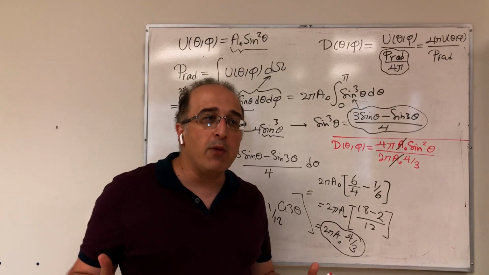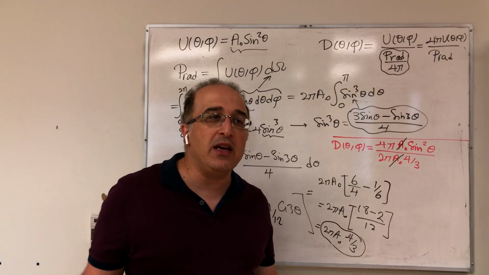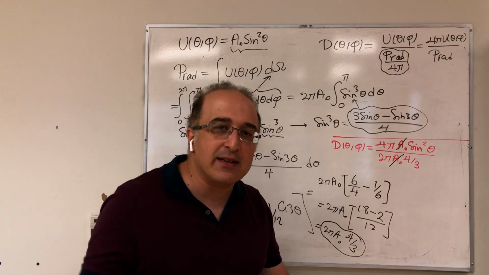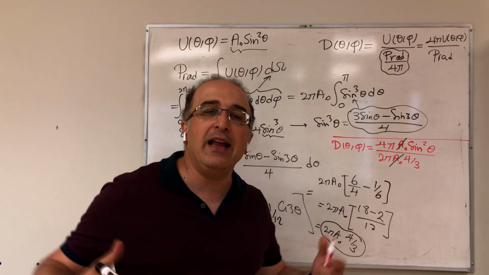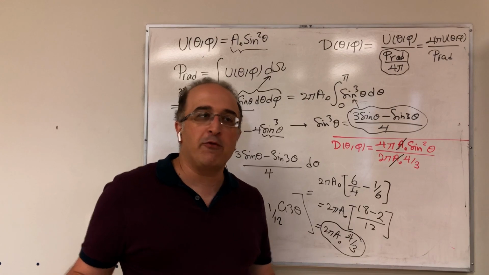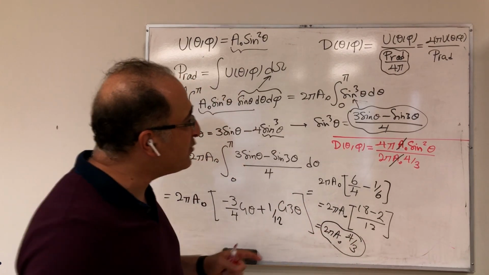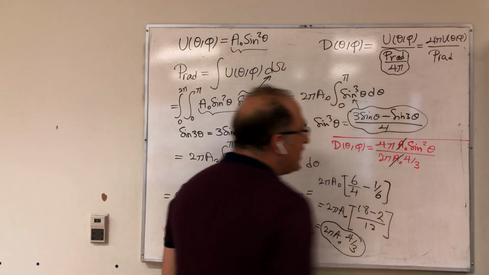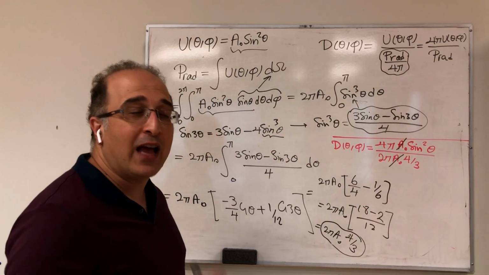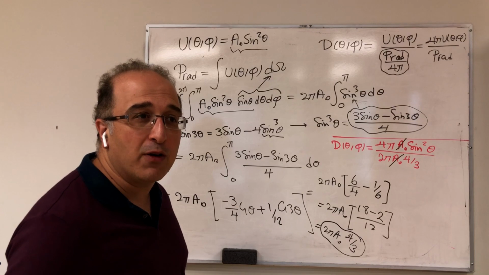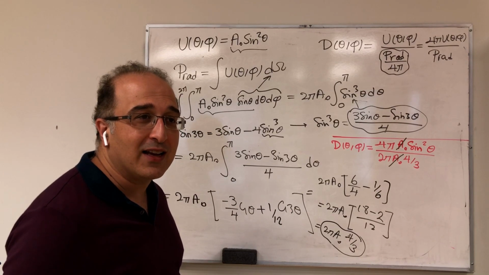So if I say my maximum directivity is 3 dB, that means I'm 3 dB better than an isotropic antenna for any amount of power, as long as the antenna can handle that power. But this is very important that a naught and a naught cancel. So now you're not dependent on the value of the power that you're giving to the antenna.